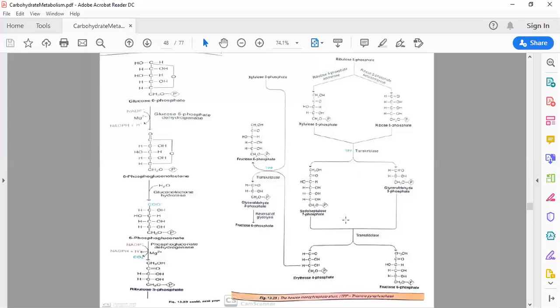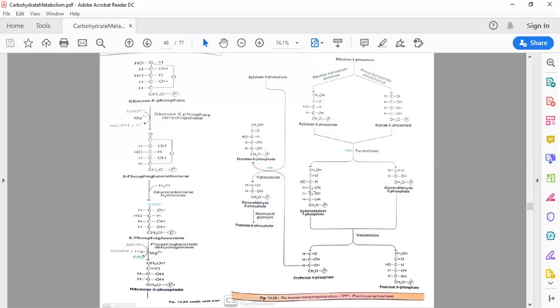Now, in the next step, the enzyme involved is transaldolase, which brings about the transfer of 3 carbon fragments from pseudoheptulose 7-phosphate to glyceraldehyde 3-phosphate to give fructose 6-phosphate.